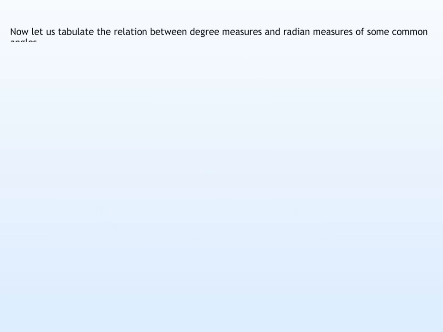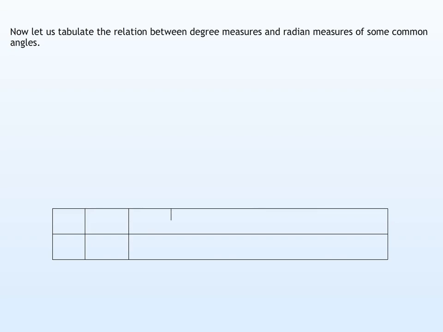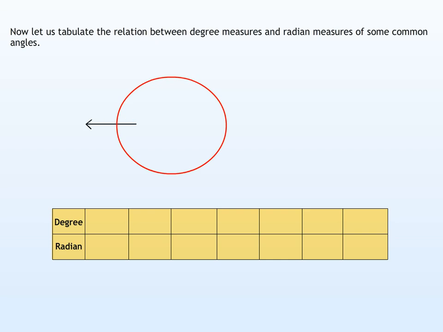Now, let us tabulate the relation between degree measures and radian measures of some common angles. So 2 pi is equal to 360 degrees, or 360 degrees is equal to 2 pi.